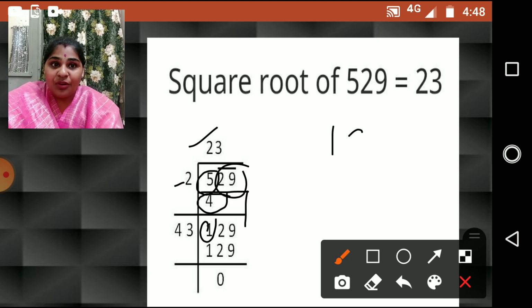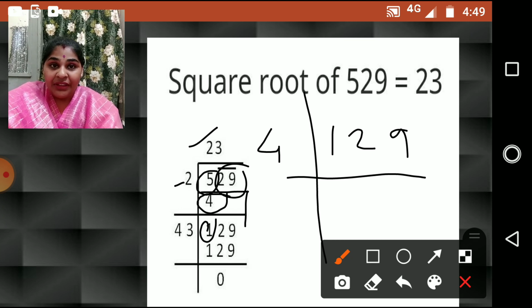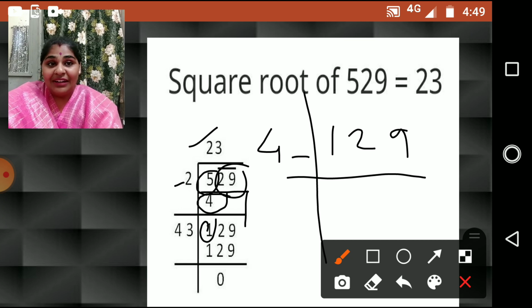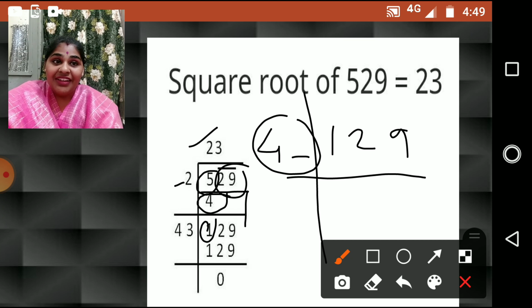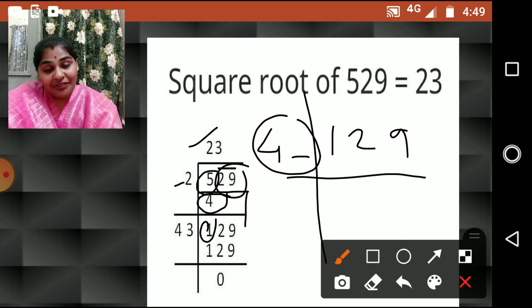The number now is 129, and to the left side of the bar the number is 4. Now here is a dash. We have to take such a number that this whole number multiplied by that same number should be equal to or less than 129. If it is equal, the remainder will be 0.